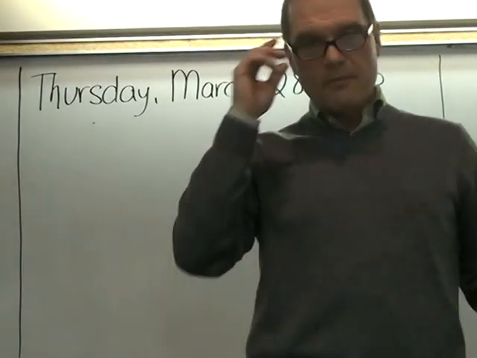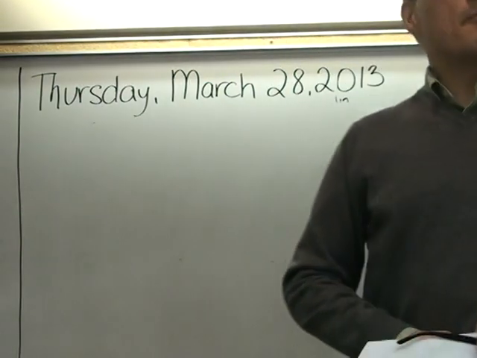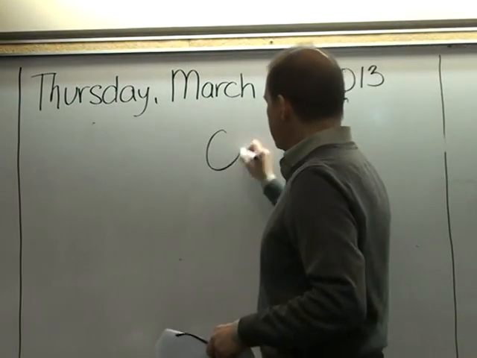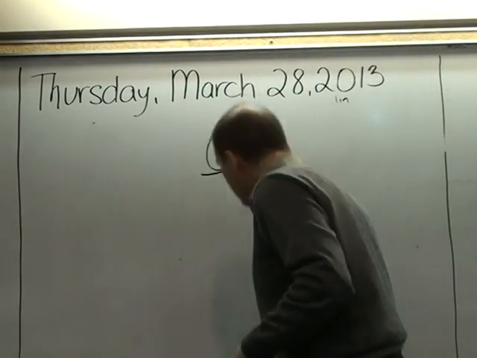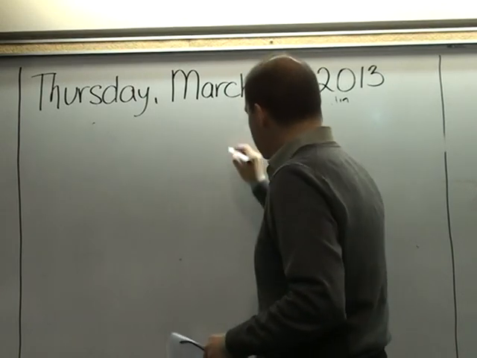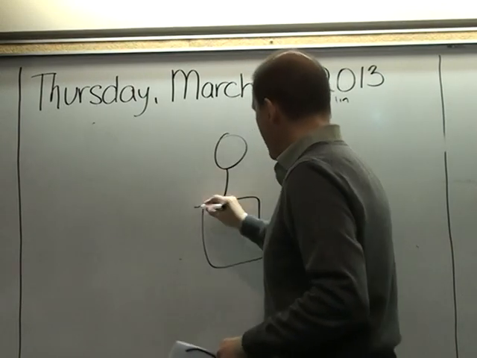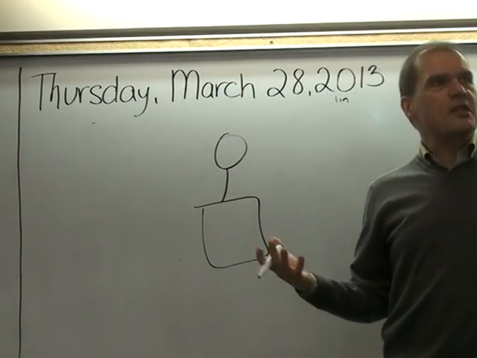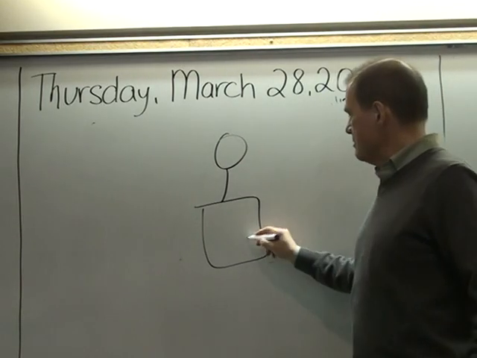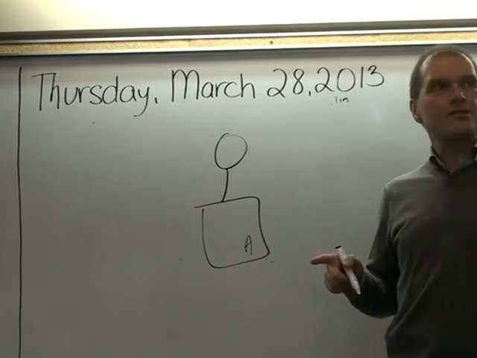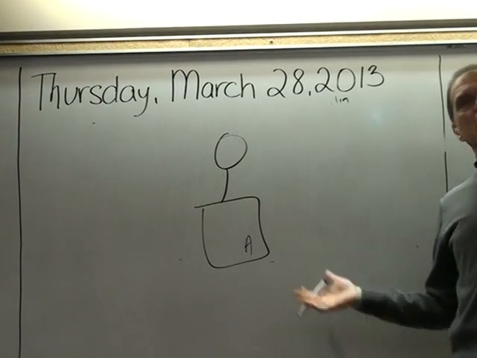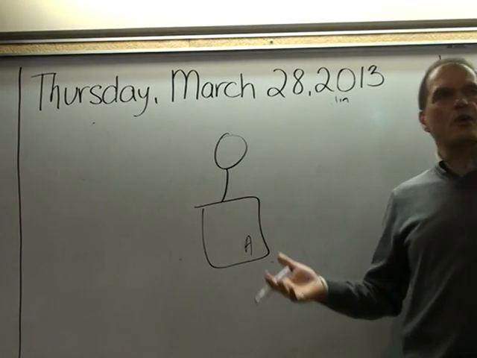What's a reorganization? So I own a company. And inside the company there are assets and liabilities. So A for assets. Any change I make to this, we call a reorganization.